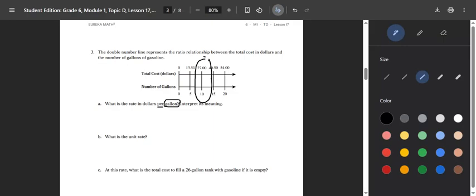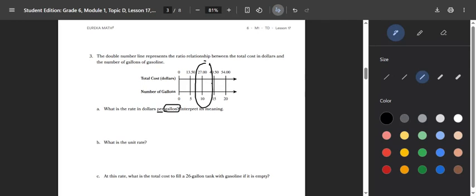So I'm going to say 27 divided by 10, because that's $27 divided by 10 gallons. And what you want to be 1 goes in the denominator, right?